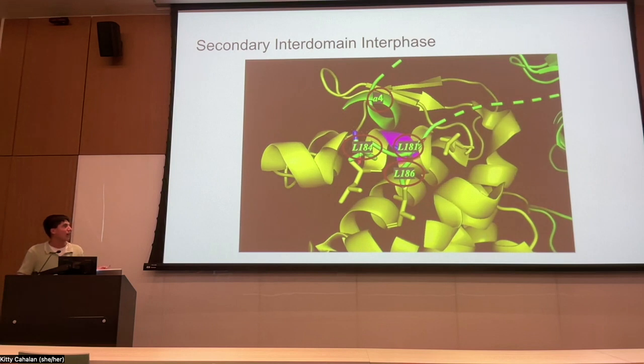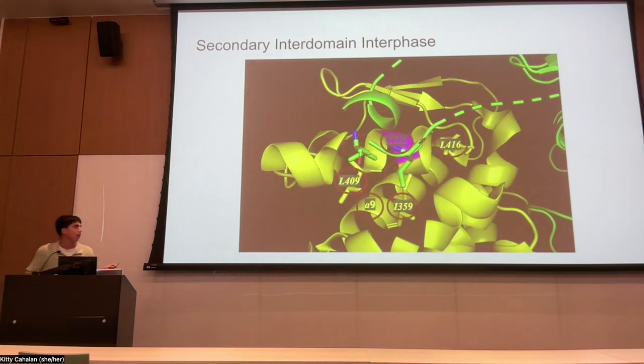Right here we have leucine 184, leucine 181, leucine 186, and basically just like in the primary interdomain interface, they are hydrophobic and they connect with the other aminos on the C terminal. So right here you have alanine 412, leucine 416, leucine 409, and isoleucine 359.